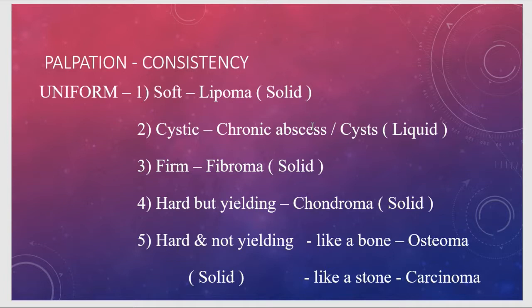Cystic swelling. Then firm consistency is suggestive of fibroma. Hard but yielding, the chondroma, related to cartilage tissue. Hard and not yielding, hard like a bone, the osteomas, the bone tumors. And hard, not yielding, but hard like a stone, harder than a bone, could be cases of carcinoma.